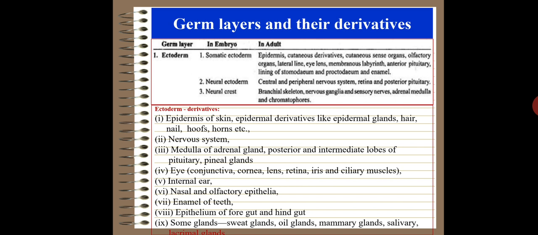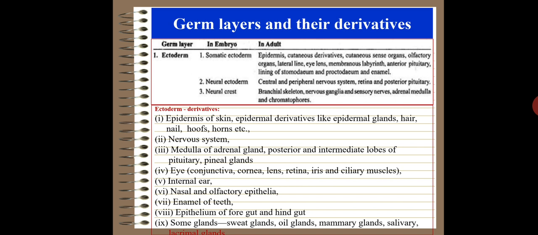Now we see the organs which develop from the ectoderm totally through the 3 regions: epidermis of the skin, epidermal derivatives like epidermal glands, hair, nails, hooves, horns in some animals, nervous system, medulla of the adrenal gland, posterior and intermediate lobes of the pituitary gland, pineal gland, eye conjunctiva, cornea, lens, retina, internal ear, nasal and olfactory epithelia, enamel of the teeth, epithelium of foregut and hindgut, some glands like sweat glands, oil glands or sebaceous glands, mammary glands, salivary glands and lacrimal glands.